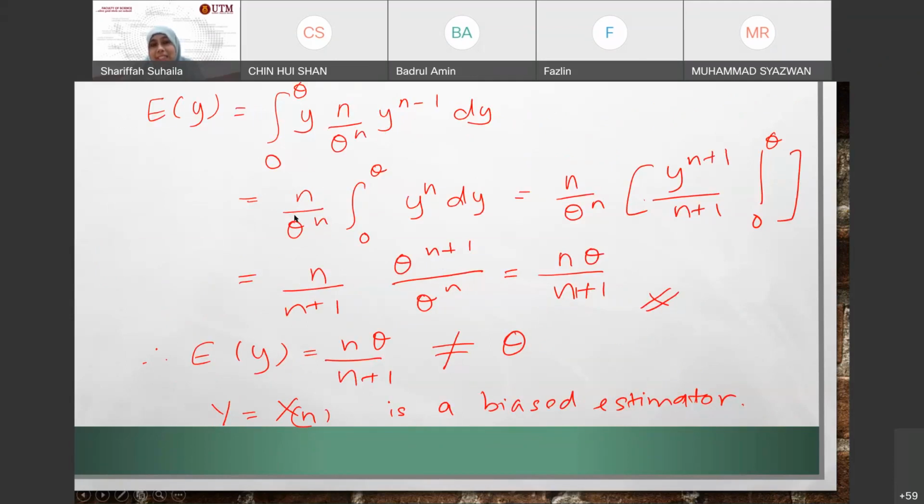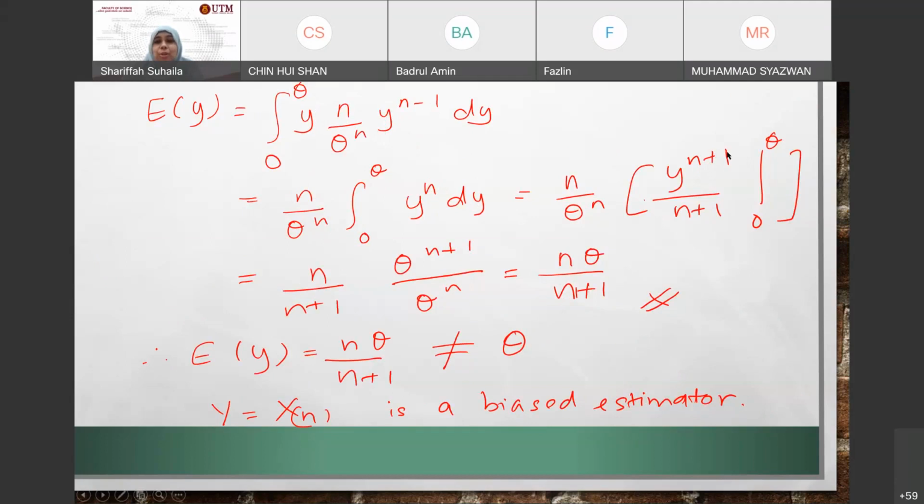Simplify kan, so which value does not depend on your y. Okay, put the constant in front, so n over theta to the power n. So kita just integrate y to the power n je. Sebab kita dah cancel out ni y to the power 1 dengan minus 1. So yang tinggal y to the power n.